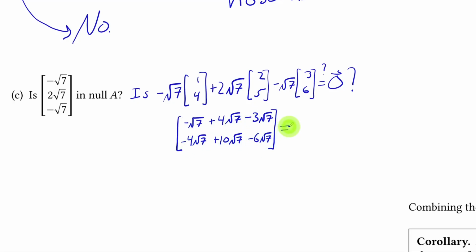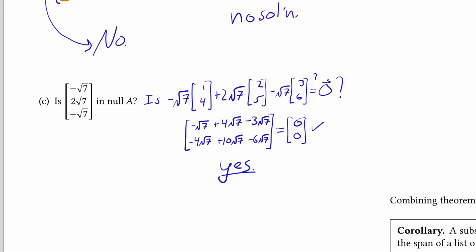And if you combine all the like terms here, then yes, you will get 0 and 0 for each component. So this vector is a solution of the homogeneous equation.